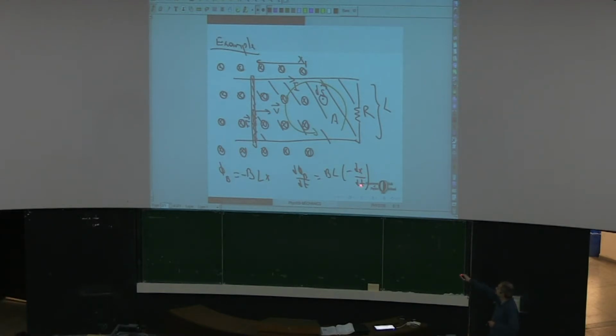This is a negative number, this is a positive number, so this ratio is a negative number. With this minus sign, it makes it positive. So this combination is larger than 0. This negative sign doesn't mean anything, because there is this derivative which is negative.